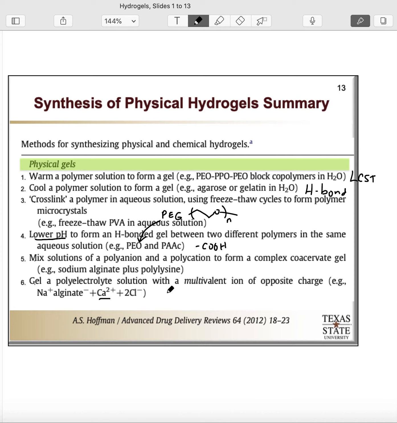Another example of this last one is actually the one that we discussed in the presentation by Ashley, if I remember correctly. It was a carboxylated agarose that was cross-linked with zinc. The zinc ions, the zinc 2 plus, basically would be able to act as that cross-linker. All right, that is it for physical hydrogels. See you on the next video.